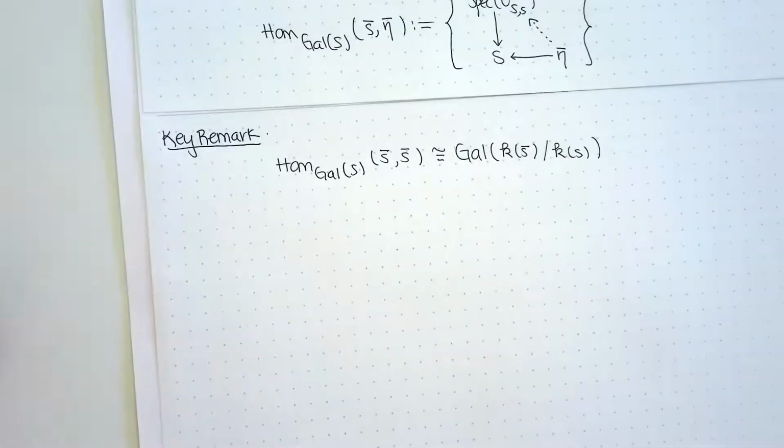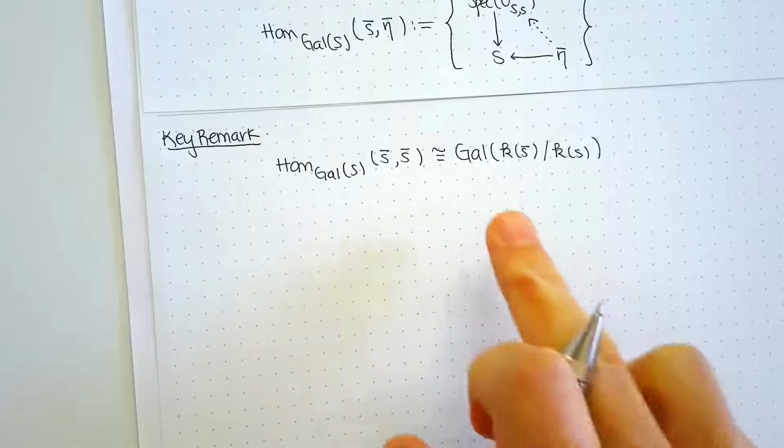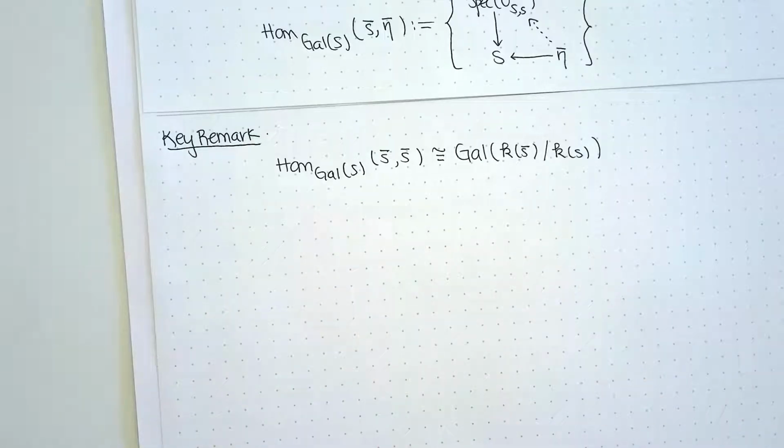So maybe this suggests that if you just had this category of points, you could globalize sort of the topology on the Galois groups to get a topology on the category. And essentially, that's what I want to do.